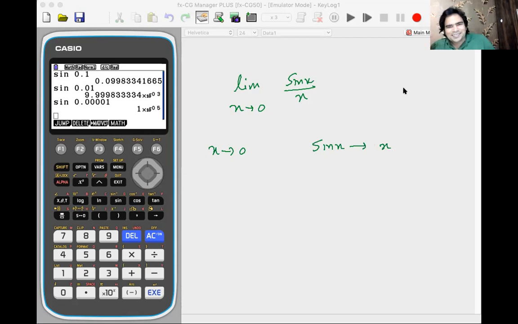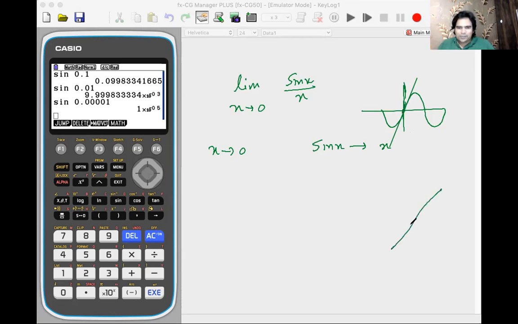And the reason is this. There's the sine x graph, and when you look at the y equals x line, if I zoom in, y equals x is something like this. As x approaches 0, the y value for sine x is also approaching approximately this line.